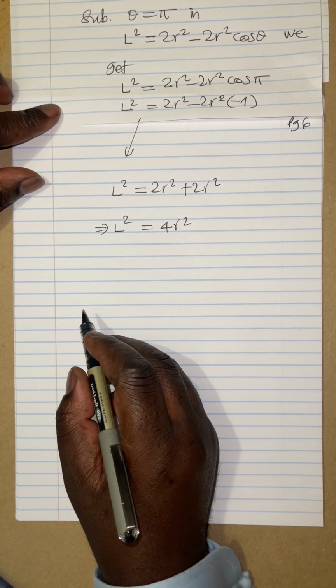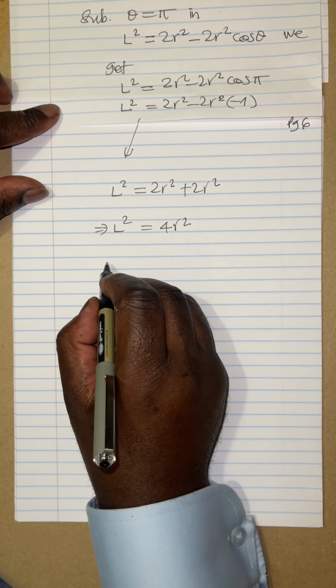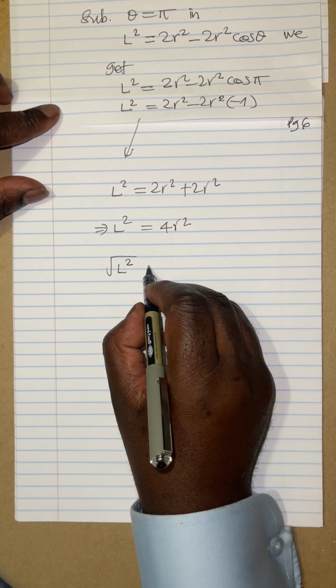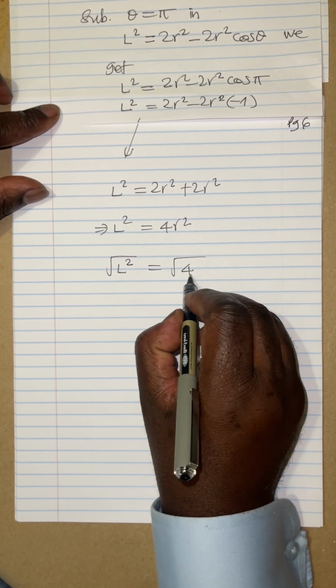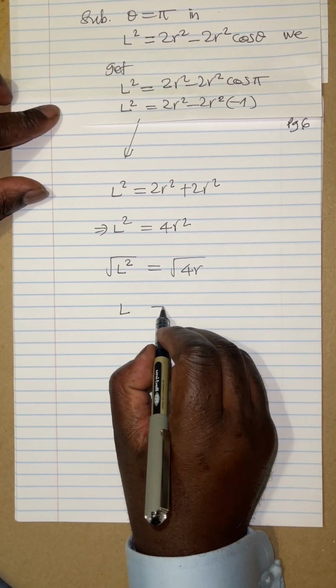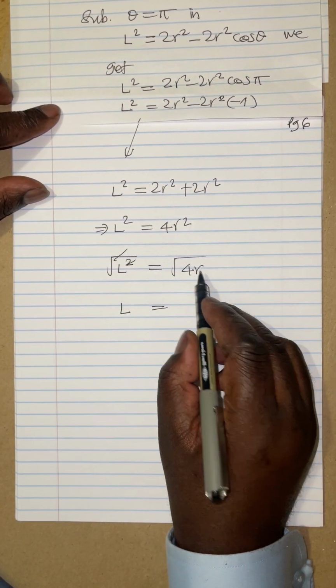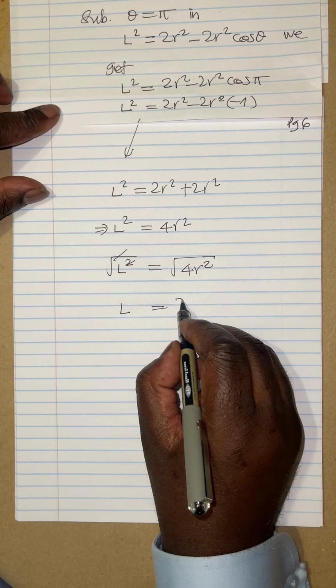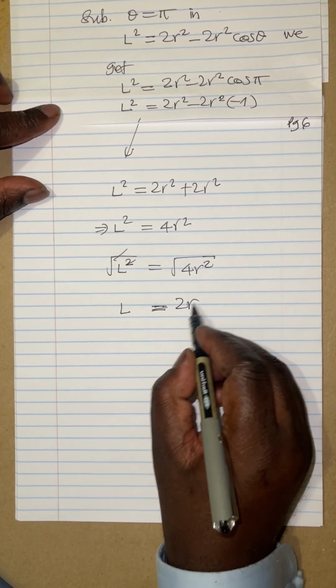And let's take the square root. Remember, we're dealing with positive quantities here, so it is okay for us to say the square root of L squared equals the square root of 4r squared. Our answer is L equals 2r. And what is 2r?